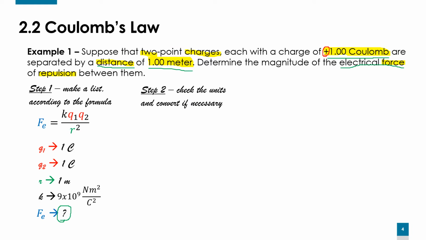Now, second step. Second step, you always need to check the units. So check the units of your problem. And a good tip for you to not forget the units is looking for your constant. So for example, your charge is in Coulomb, right? Checking the constant, you also have Coulomb, so it means they are in the conventional unit. What about distance? Distance is in meter, and here is also in meter, so they are fine.